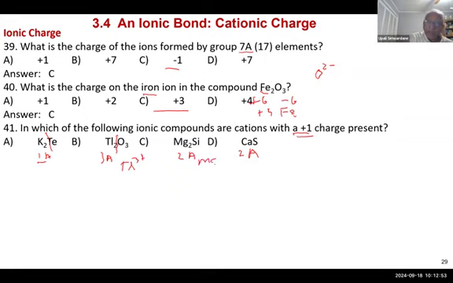Magnesium is 2+. Calcium is 2+. That's the group number. So the answer to that, 41, is A.